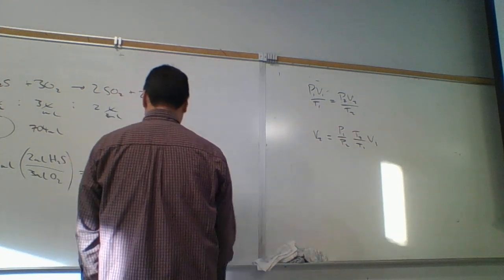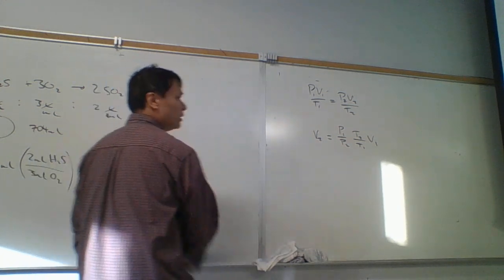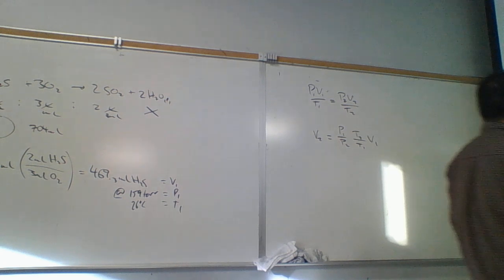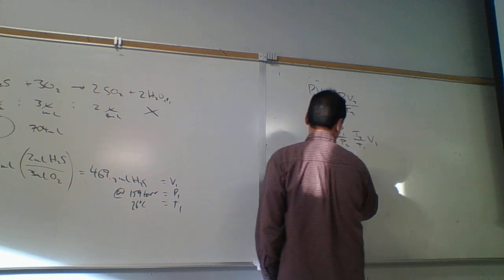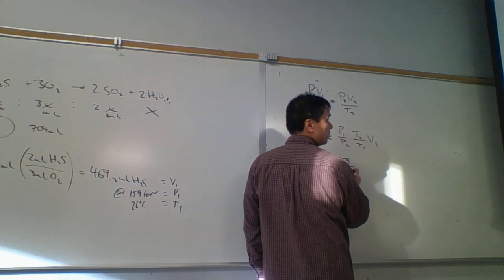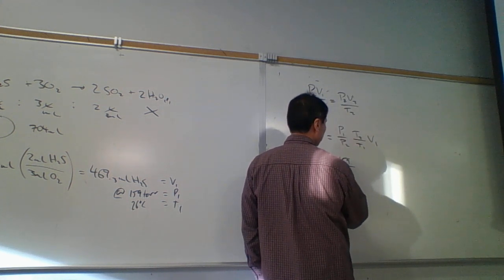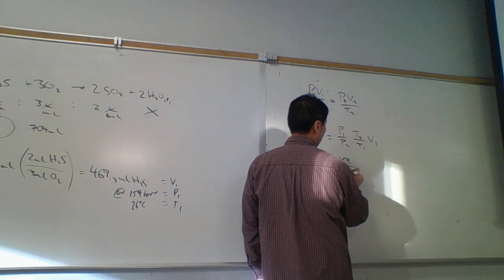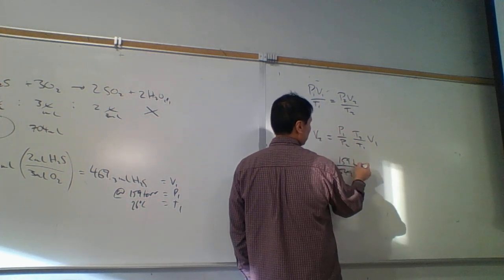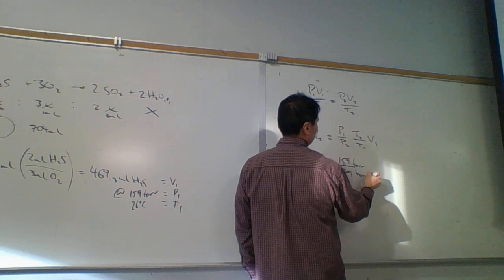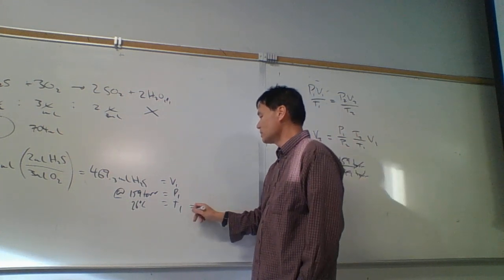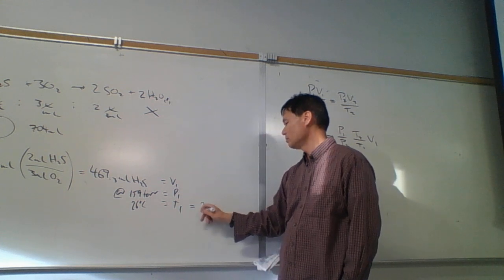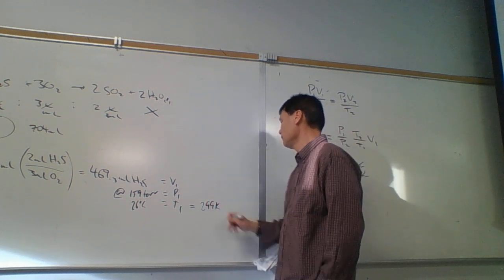And so P1 is 159 torr, and then we want to go to 549 torr. This is P2. So 159 over 549, the torr cancel. And then T2 over T1. Well, we've got to convert this into Kelvin, so T1 is 299 Kelvin.